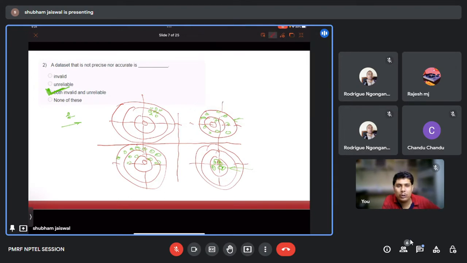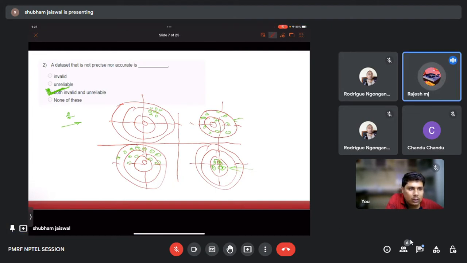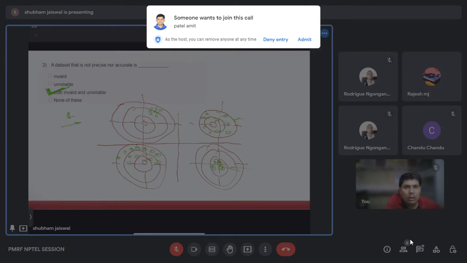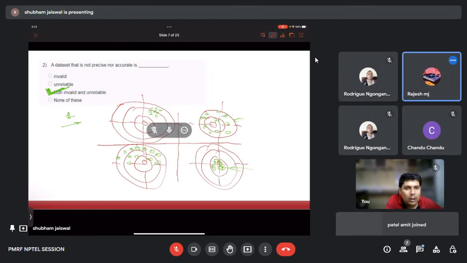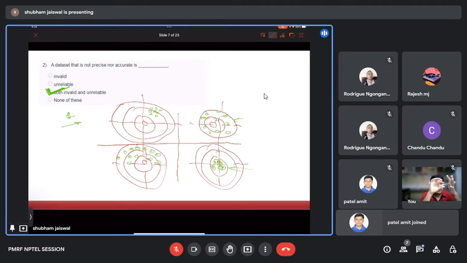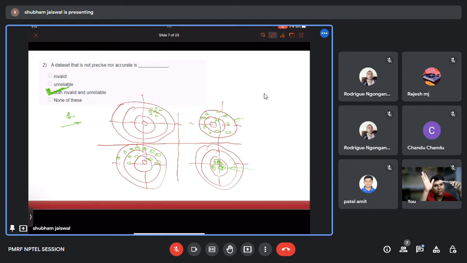Sir, can I know what is unreliable? Unreliable means the thing that we can't trust. In simple words, if I have a 15 centimeter pencil, and I am getting data like 16, 17, 18 centimeter, it means it is not reliable.